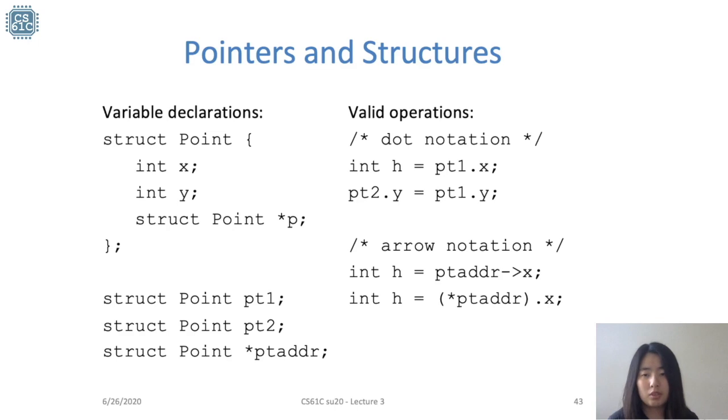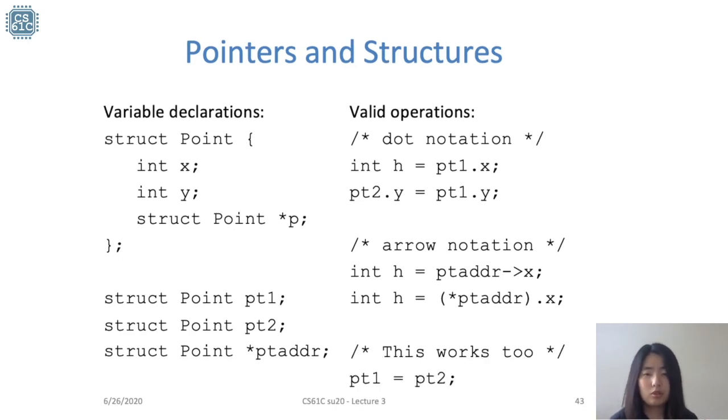That one is specifically used for struct pointers. For example, to access the element x from ptaddr, you can just do ptaddr arrow x, and that is equivalent to dereference ptaddr then dot x.